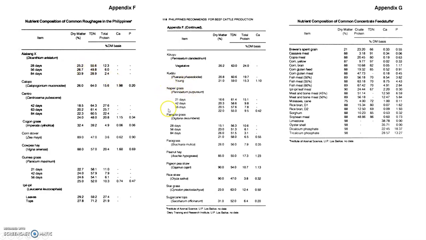So here is the nutrient composition of Napier. And take note, the numbers vary depending on the age at which the Napier was harvested, for example 21 days, 42 days, 56 days.